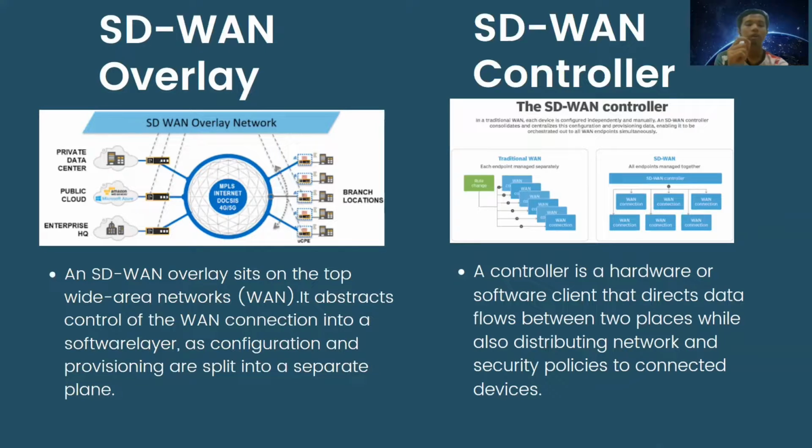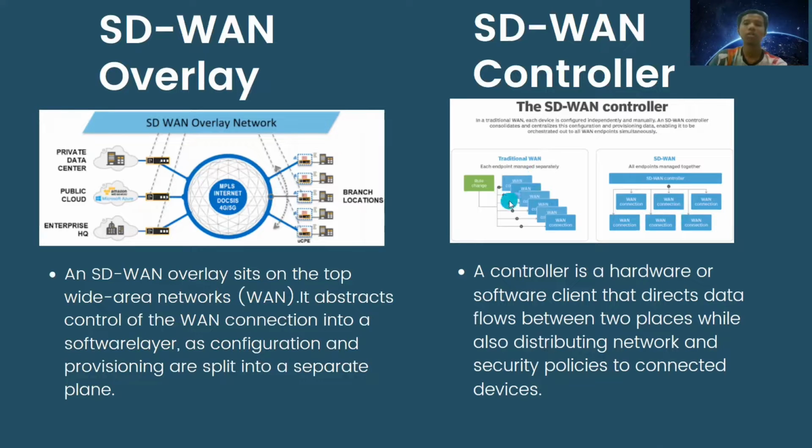This overlay network enables IT to remotely configure, manage, monitor, and secure most aspects of the WAN, including edge devices and traffic flows. For the SD-WAN controller, it is a centralized control plane, which means that the network administrator can write new rules and policies and then configure and deploy them across an entire network at once.